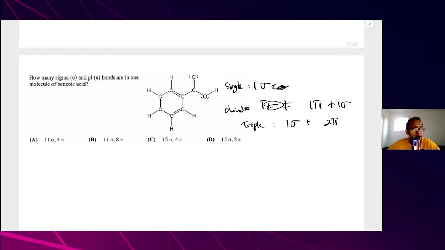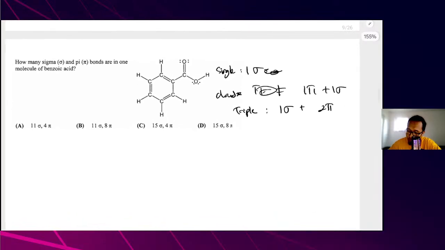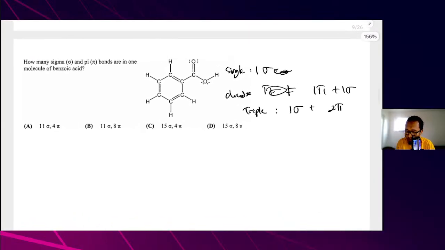Now let's take a look at the answer. How many sigma and pi bonds are in one molecule of benzoic acid? It will be annoying because we need to look at it one by one. 1, 2, 3, 4, 5, 6, 7, 8, 9, 10, 11, 12, 13, 14, 15.